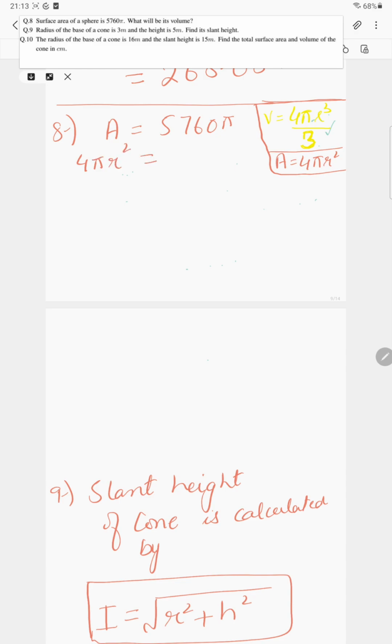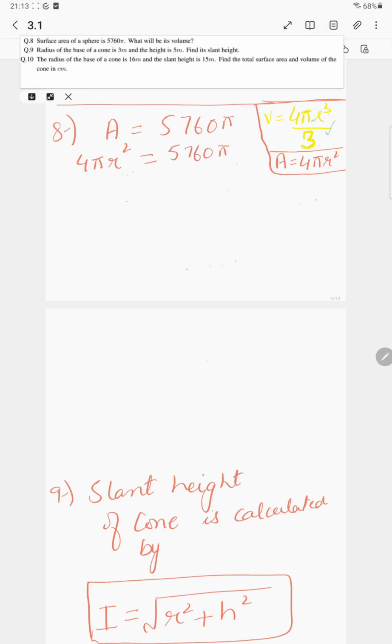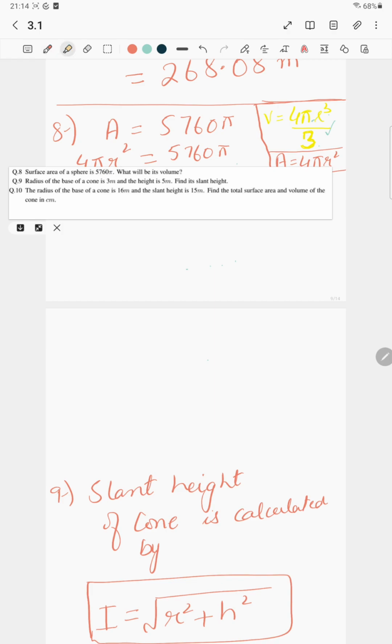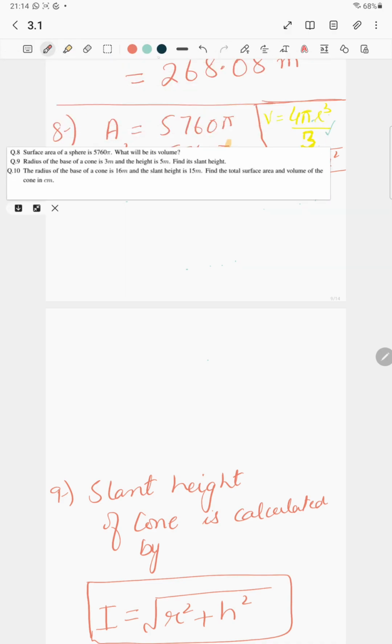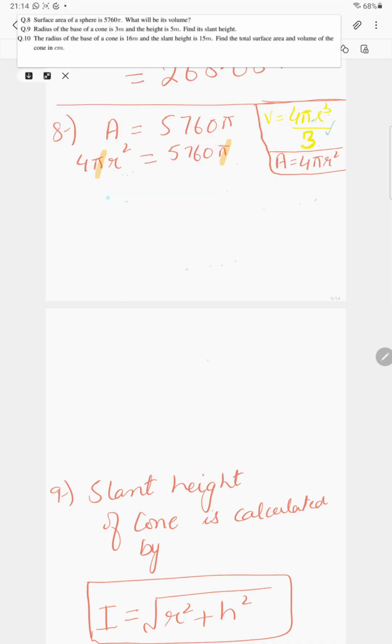And we know that this is already given that it is equal to 5760 pi. Now we are going to simplify it. How we are going to simplify it? Pi is cancelled with pi, and it's 4r square is equal to 5760.